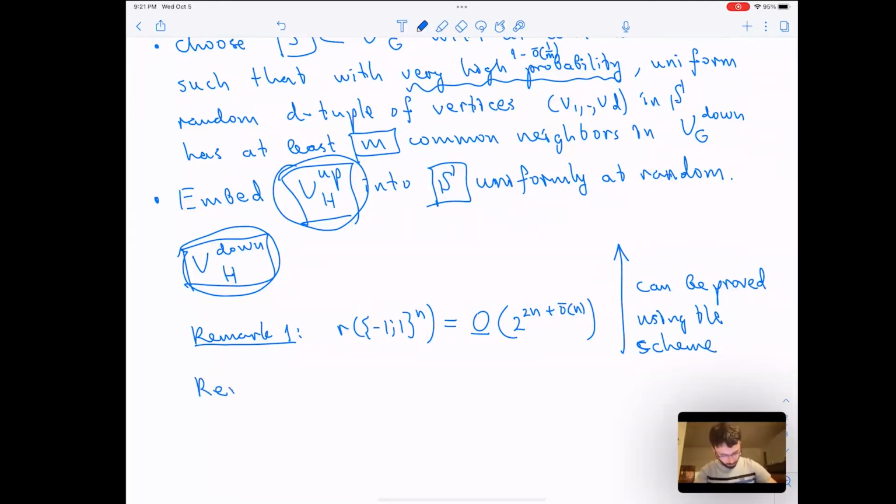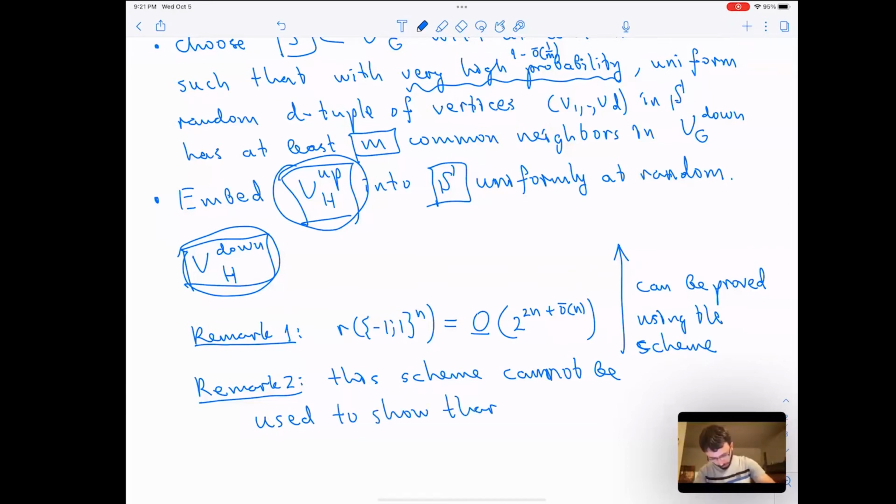And remark two, this scheme cannot be used to show that the Ramsey number of the hypercube is less than 2 to the 2n minus epsilon n for any constant epsilon bigger than 0.